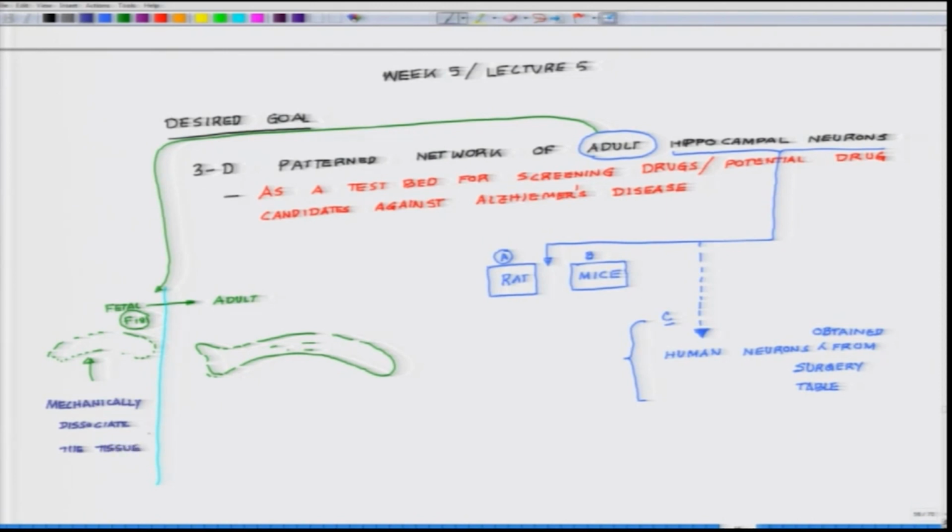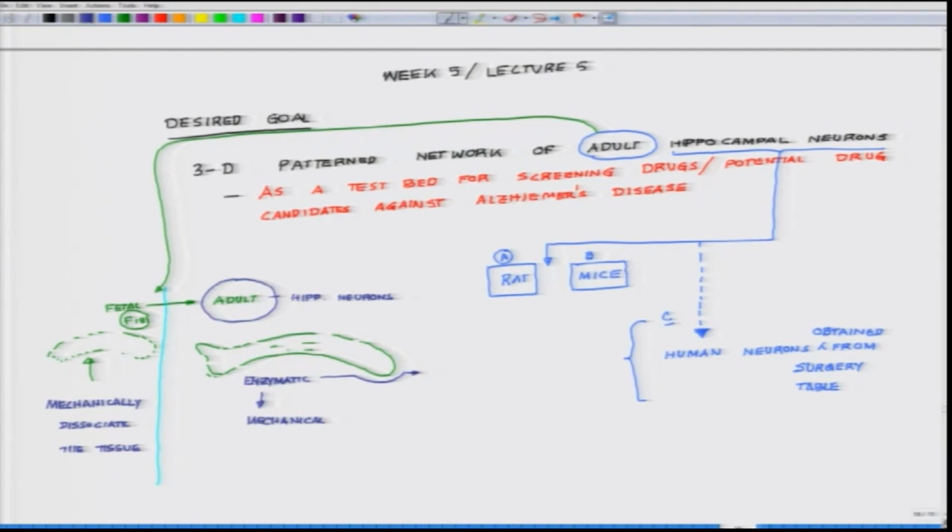On the other hand, if you want to develop an adult hippocampal neuron culture, you cannot do so mechanically. The first step will be enzymatic, followed by mechanical. Now, when we talk about the enzymatic step, what enzyme will suit, because it is an adult tissue?